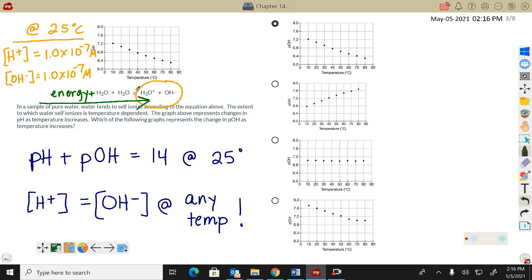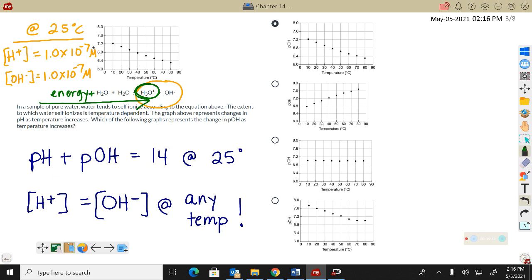So that I'm getting more hydrogen or more hydronium. Yeah, that's why my pH goes down. pH is opposite log of the hydrogen or hydronium concentration. So if the pH is 6.4, the hydrogen concentration is 10 to the negative 6.4, which is a greater amount of hydrogen than 10 to the negative 7th moles per liter.